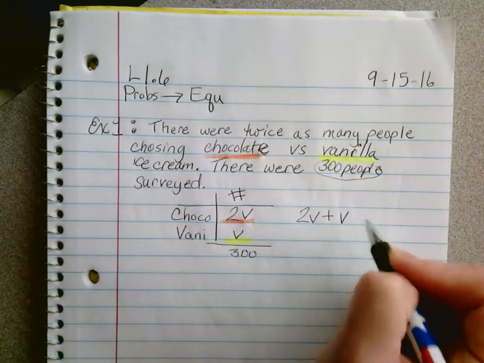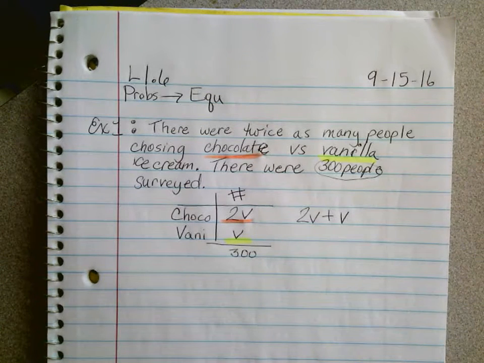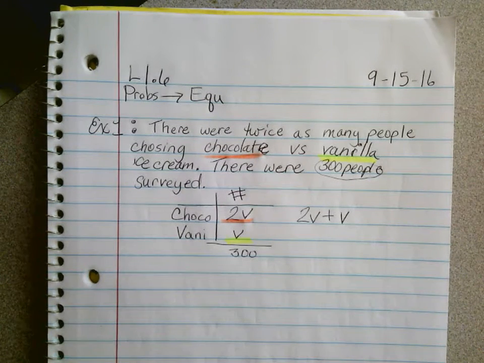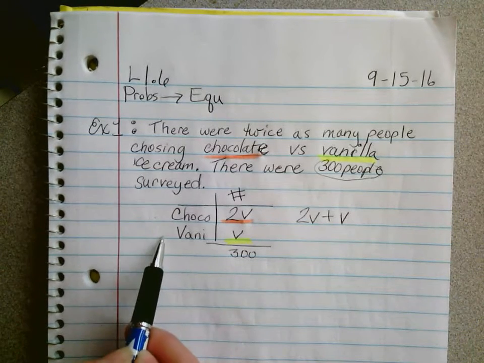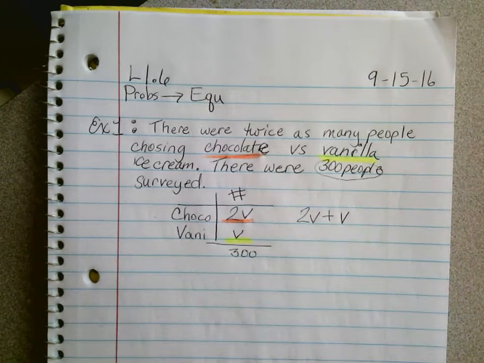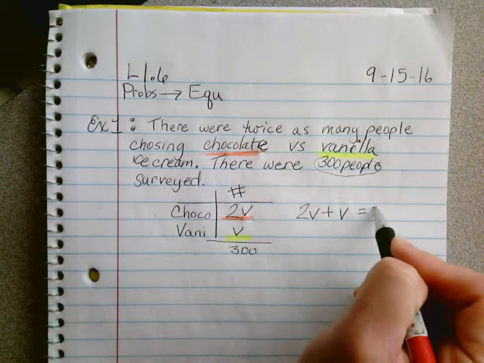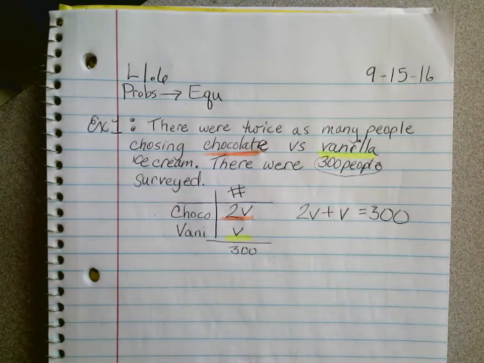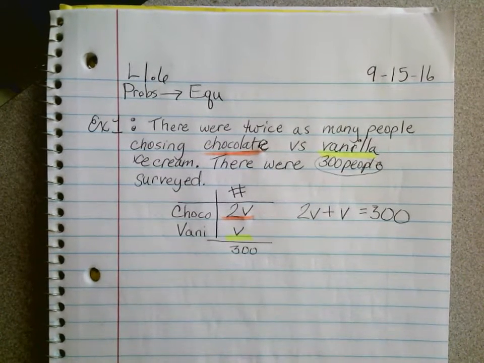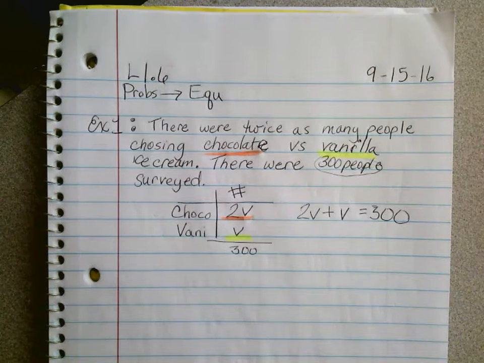Why would it be divided by 2? You don't have to divide anything. Chocolate lovers plus vanilla lovers, what? Good, exactly. Don't make it harder than it is. All we're doing is saying the sum of the chocolate folk and the vanilla folk is 300. Okay, that is my first sample.